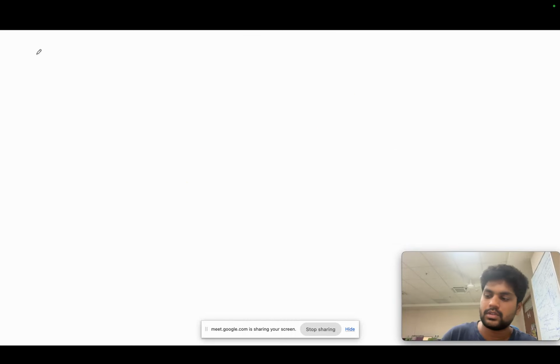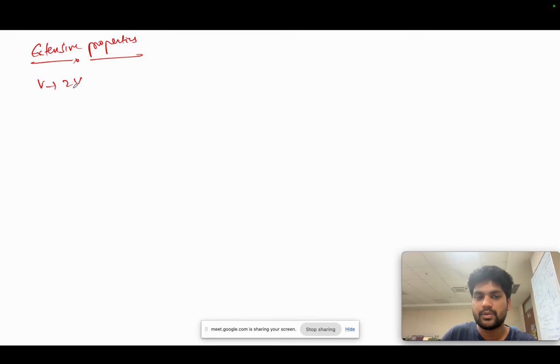And what we found out was that when we approach the extensive properties, V is converting to 2V and N is converting to 2N, but S is not converting to 2S. It is coming with some log values.